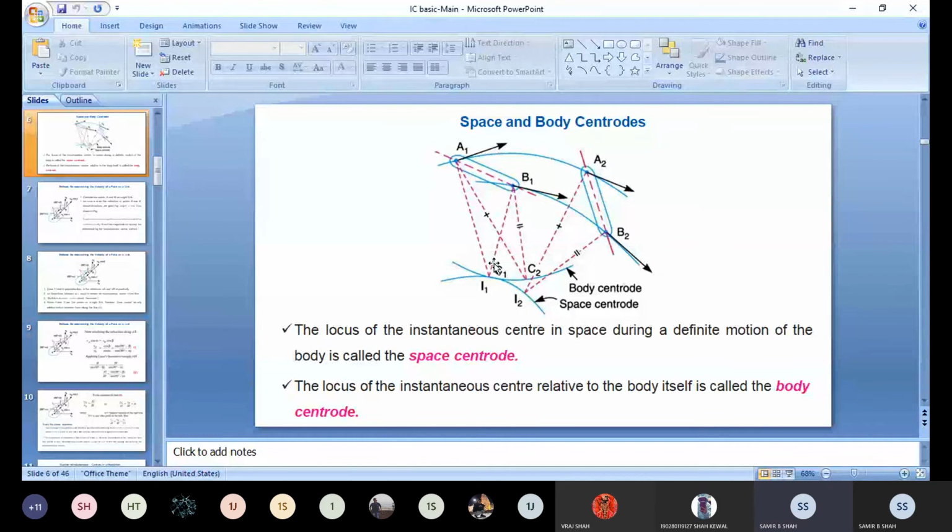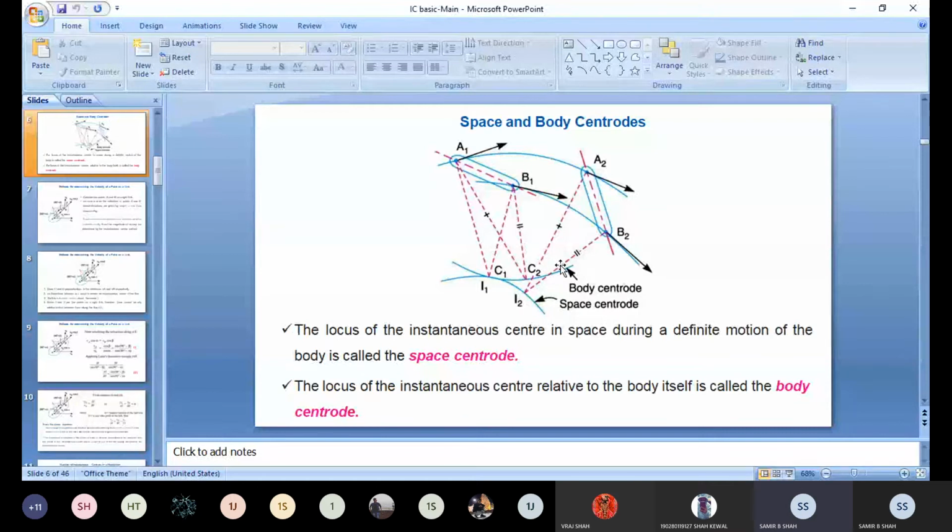Let C2 be the position of the point C1 when the link A1 B1 occupies the position A2 B2.